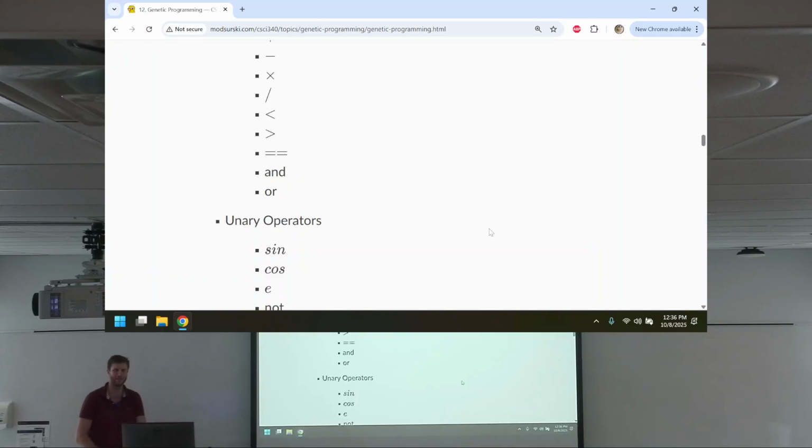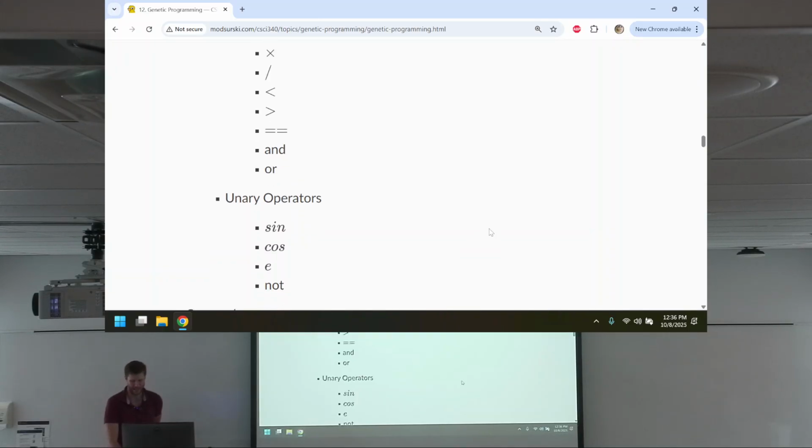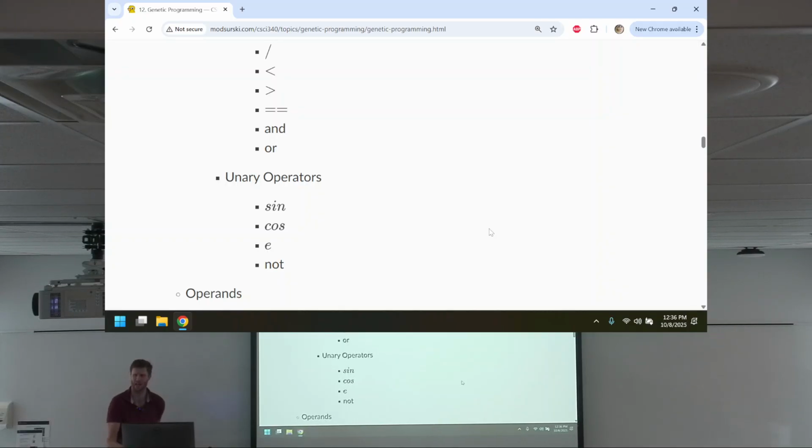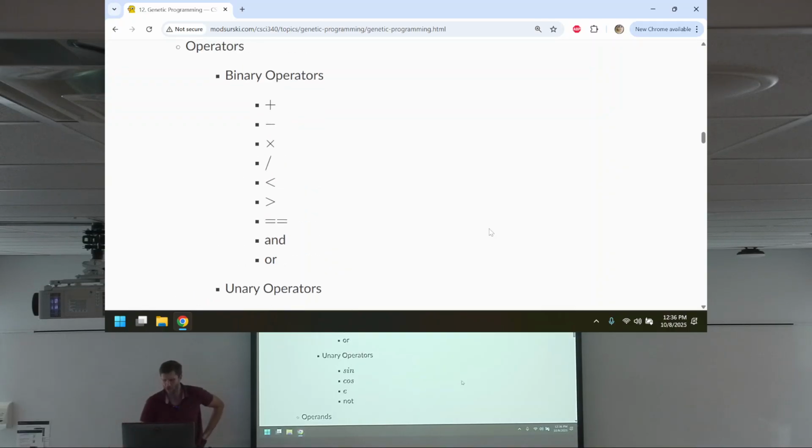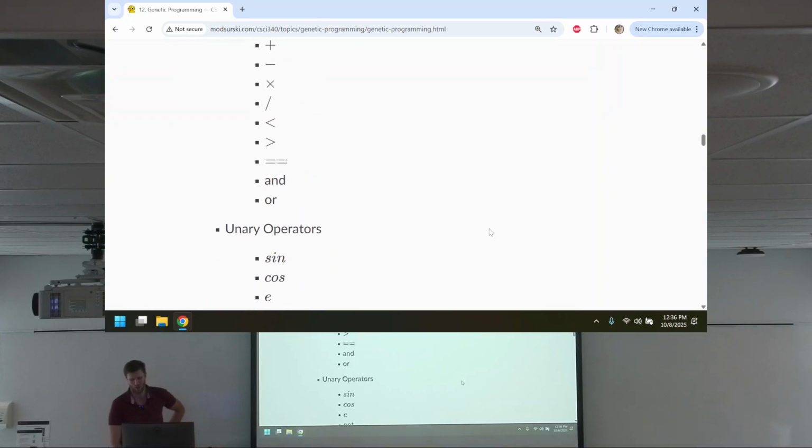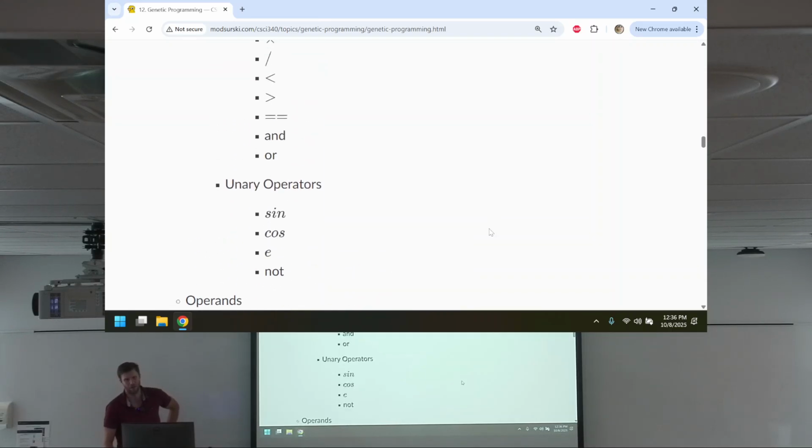Let's say for whatever reason, your whole population was full of good candidate solutions and all of them included x times x. That might make you go, you know what, I should add a squared thing to my language. So it's an iterative process of seeing what's happening, learning from it, and then basically making it easier for the search to get what it wants. Okay?